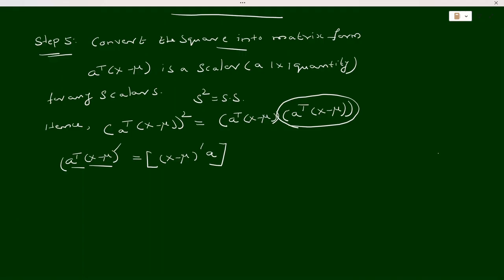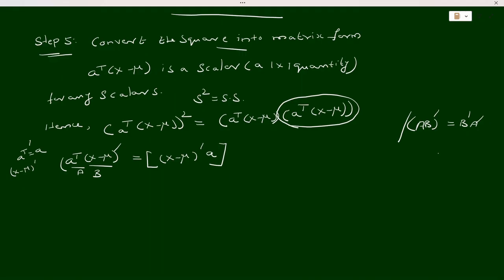We know that (AB) dash can be written as B dash A dash. Here, this is A and this is B. So a dash B, since it's a transpose, a transpose of transpose is a, and (x minus mu) transpose is (x minus mu) dash. Therefore, we are getting (x minus mu) dash a.